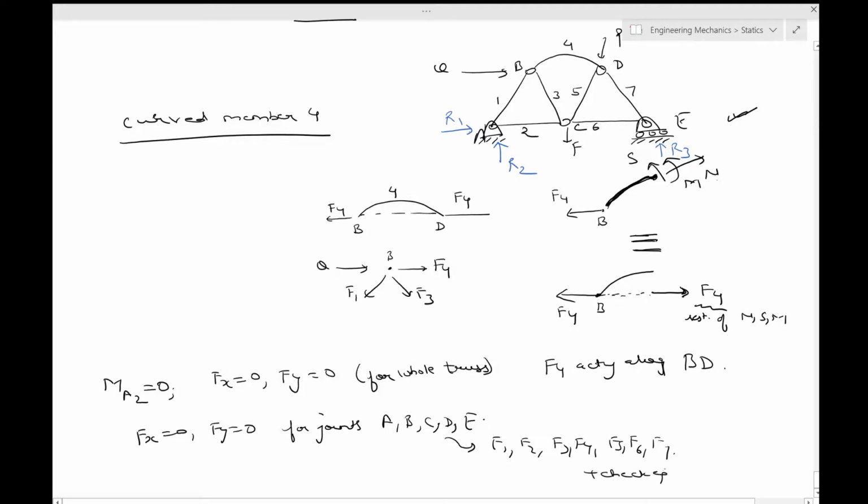Check equations in the sense you can check whatever you have got and they will still satisfy the values. Now this is the first method, the method of joints.